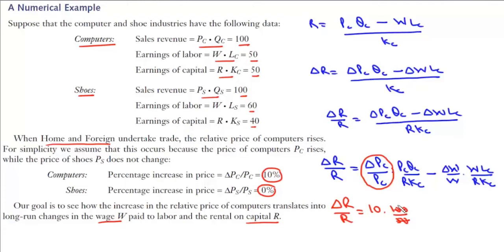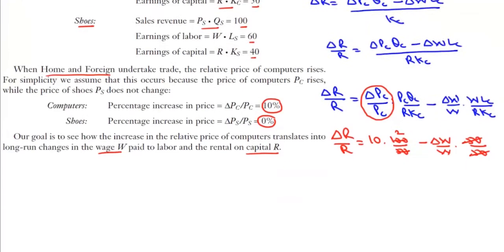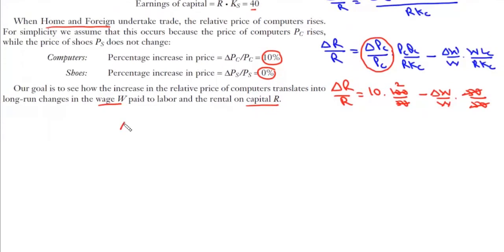So it will be 2 into 10, minus delta W upon W into, now WLC is earning of labor, which is 50, upon earning of capital, which also is 50. Now this 50 and 50 will cancel. So from here we can write delta R upon R plus delta W upon W will be equal to 20%, and this is our first equation.